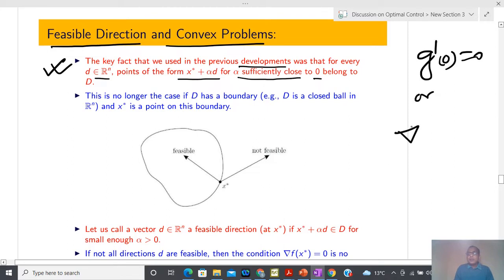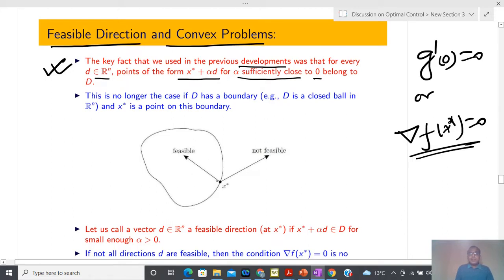In the development I am assuming that alpha is positive and negative. Based on alpha negative, I have generated this kind of condition by proof of contradiction, and due to that reason this direction is very essential.